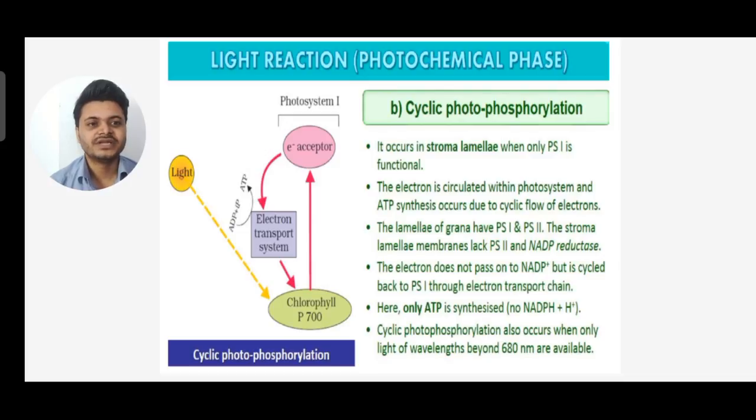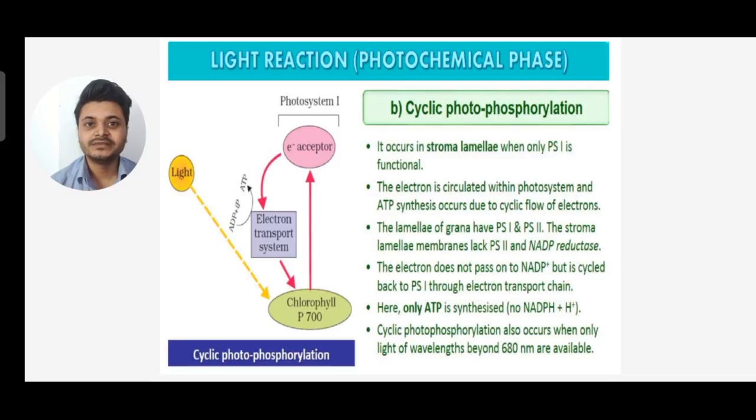The lamellae of grana have PS1 and PS2, but the stroma lamellae membrane lacks PS2 and NADP reductase. So the electron does not pass on to NADP plus but is cycled back to PS1 through the electron transport chain.